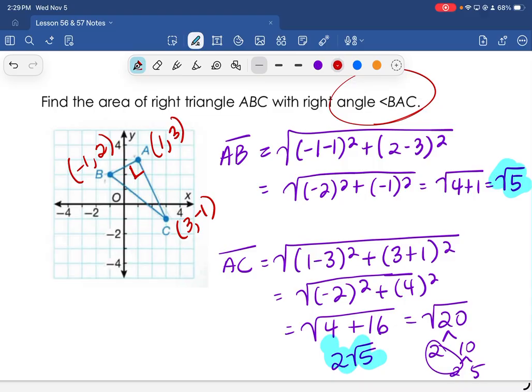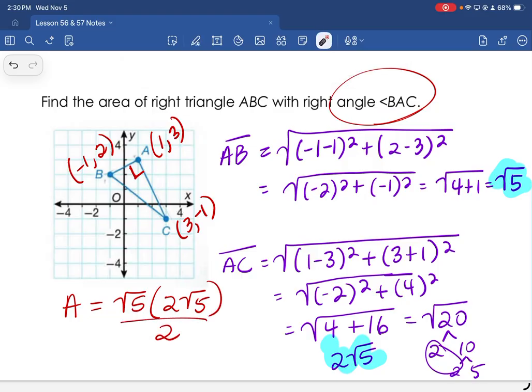Okay, here's the fun part. Area equals base, which was root 5, times the height, divided by 2. Do you just leave it? No, because look, this times this is 2 root 25. Right? You can do it because they both have the same thing inside.